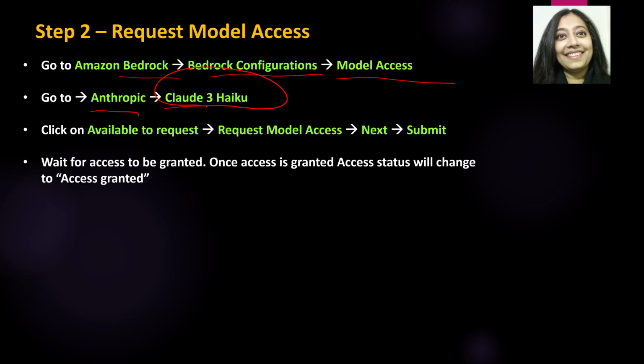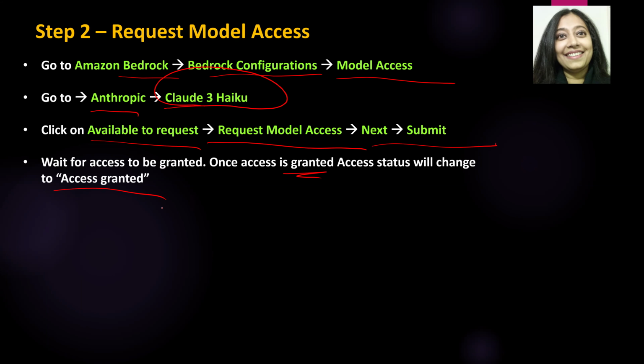Finally, we will go to available to request, assuming that it is for you, request the model access and continue further ahead. Ensure that after you request access, you wait. It takes a few seconds for the access to be granted in most cases. And once the access is granted, the status will change to access granted.